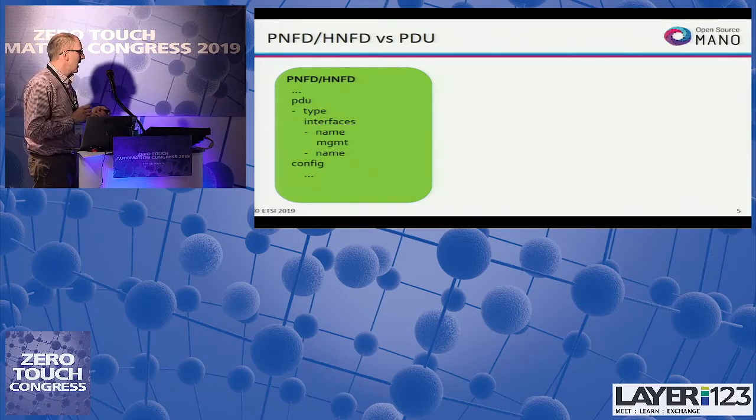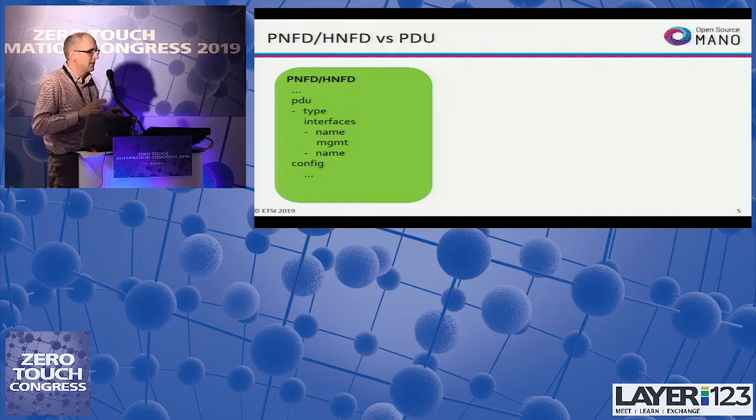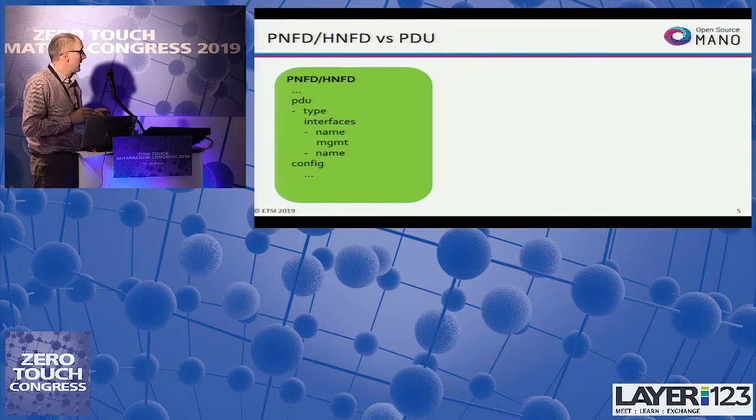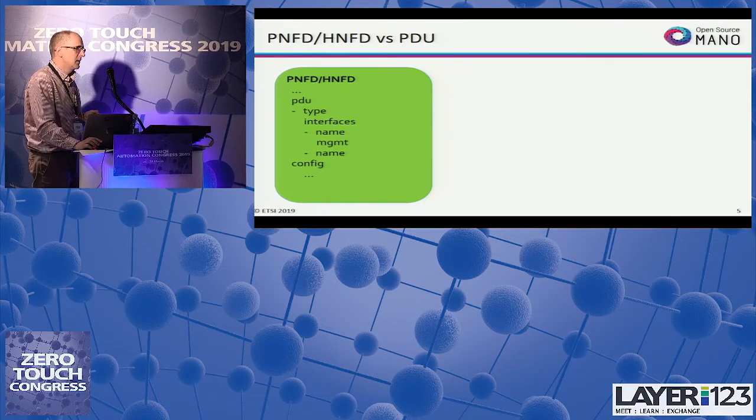You just say, I want to use an element of this type. The type is a literal string managed by the OSM administrator. You have the declared interfaces, and you connect these interfaces to other virtual elements. And you also declare the configuration, how this physical element is going to be configured once everything is deployed.